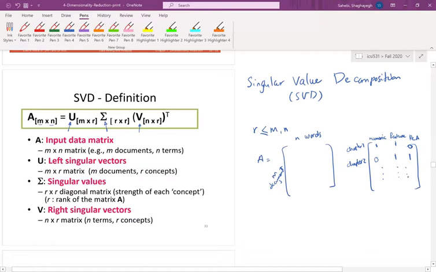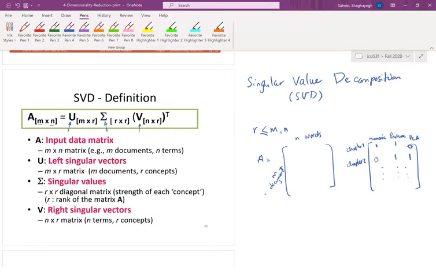Something like that, okay? And then after I decompose A into these 3 other matrices, I can interpret U, my left singular vector matrix, as a relationship between the documents or chapters and the concepts that are presented in them. Note that the concepts are not given to us before.